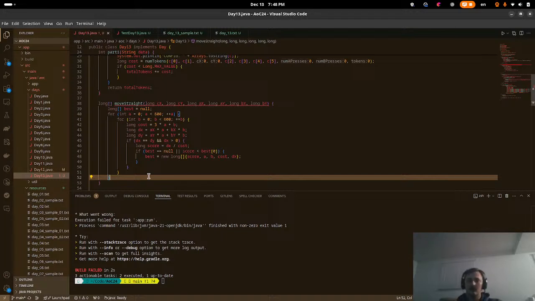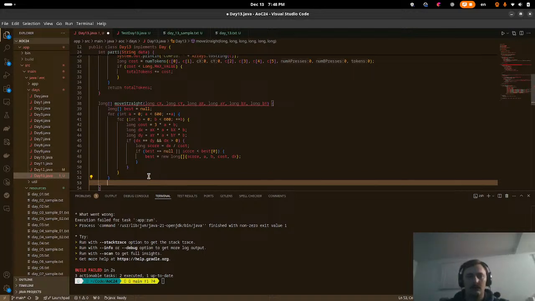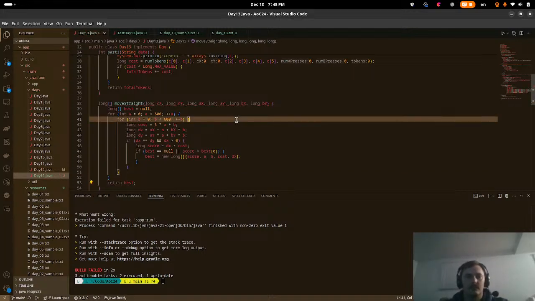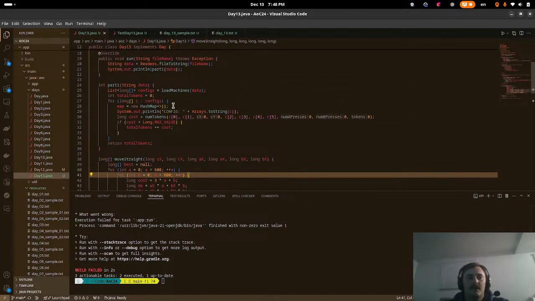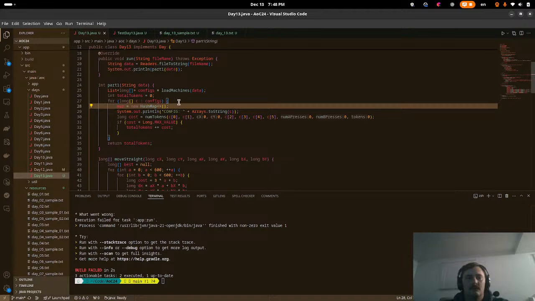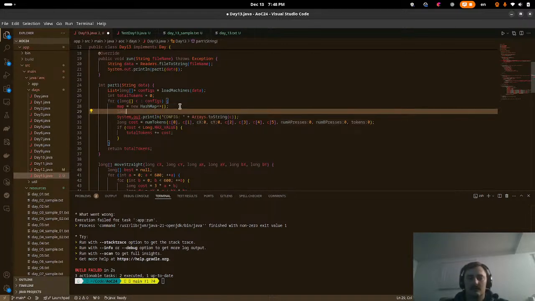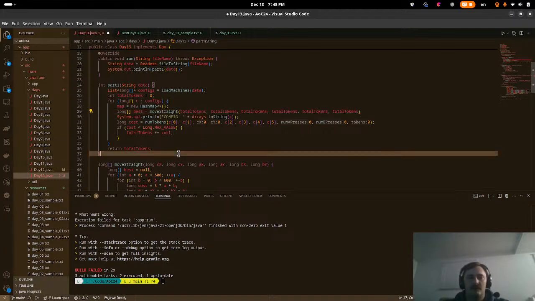Return best, and it could be null. So, yeah, for every one of those we're going to keep doing that. Move straight.